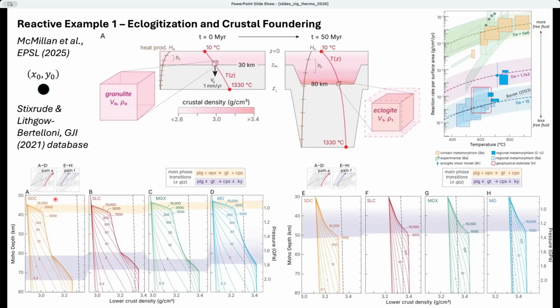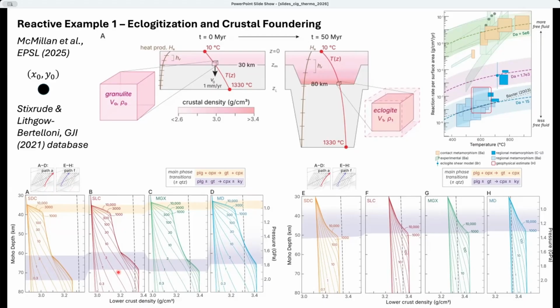And so what Mitchell showed, or modeled here using ThermoCodegen, is that depending on the pressure-temperature path that you take, depending on the initial composition, and depending on the Damköhler number, you can generate quite different density profiles of this thickening lithosphere.